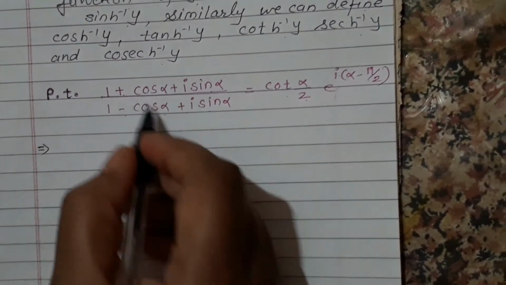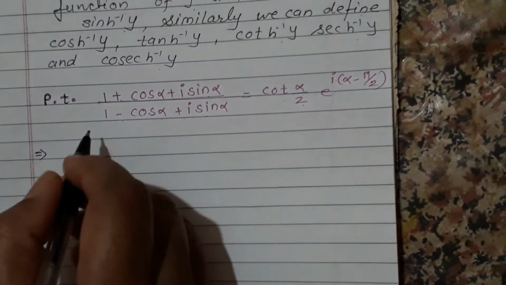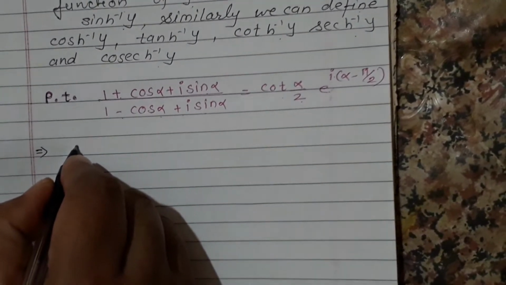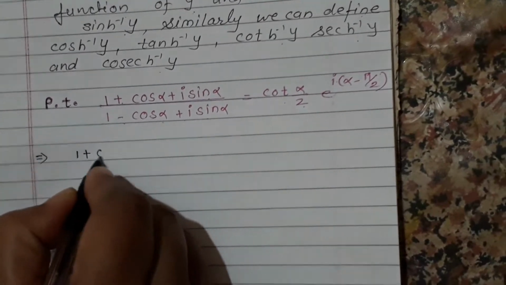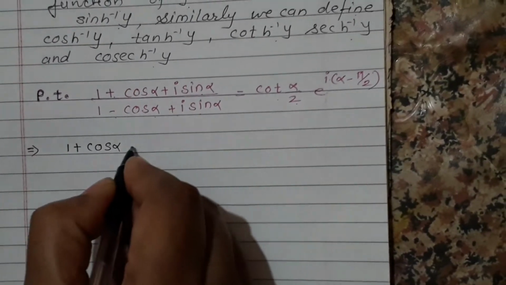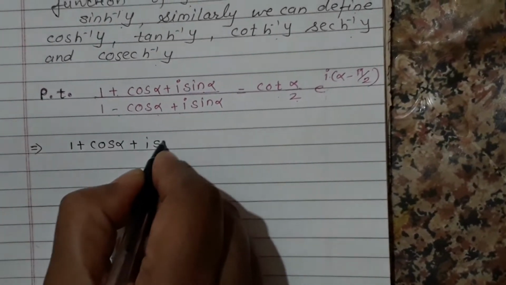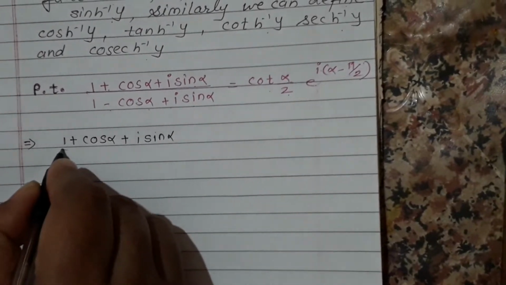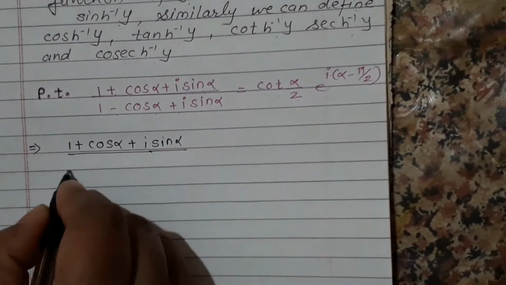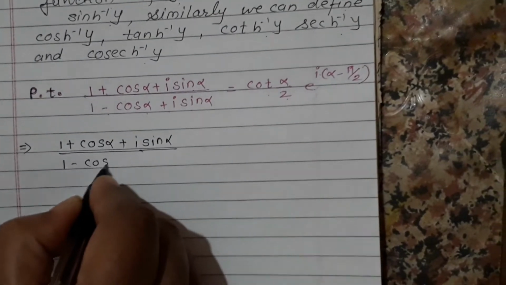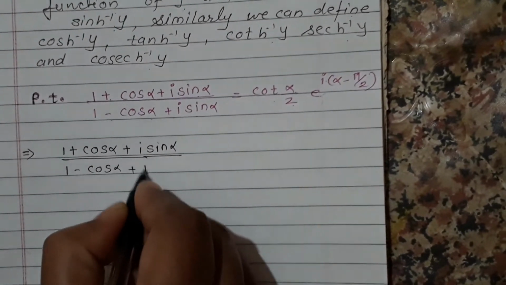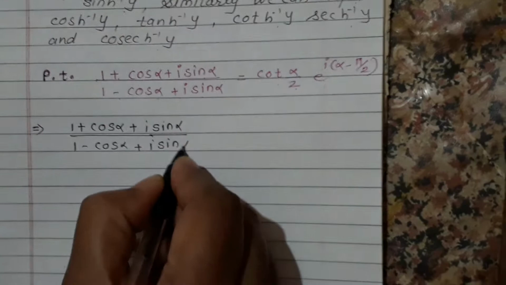We consider here the LHS of the given problem. Here the LHS is (1 + cos alpha + i sin alpha) / (1 - cos alpha + i sin alpha).